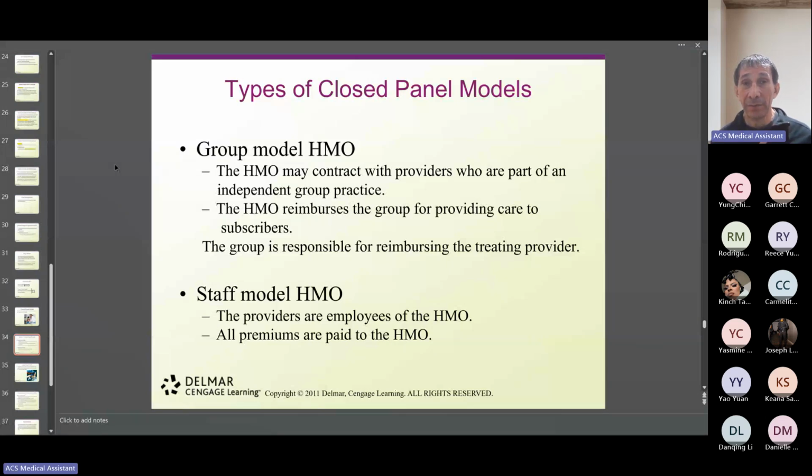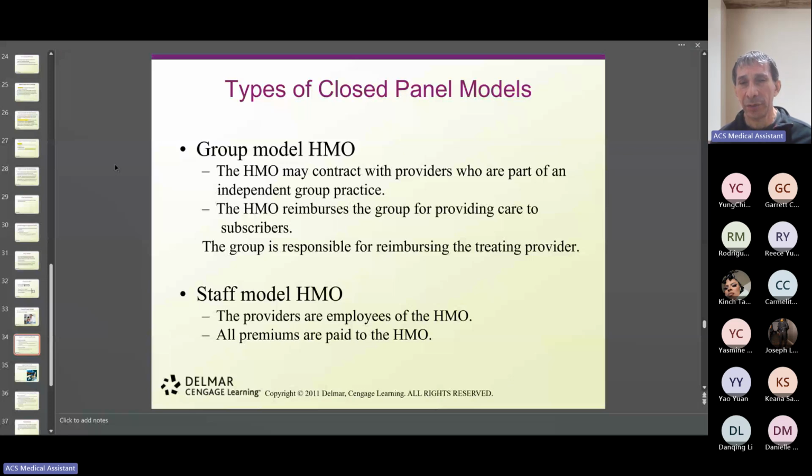See, I work for a closed panel model as a teacher. Why? You guys don't pay me for teaching you. You pay the director, you pay the school, and the school pays me. That's how it works with the medical providers. So I hope this was clear enough.